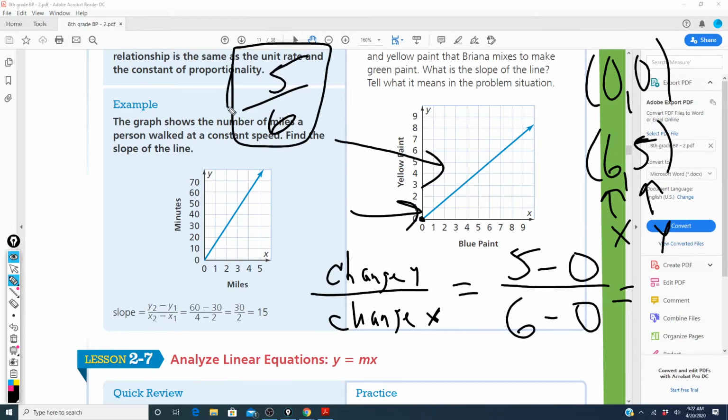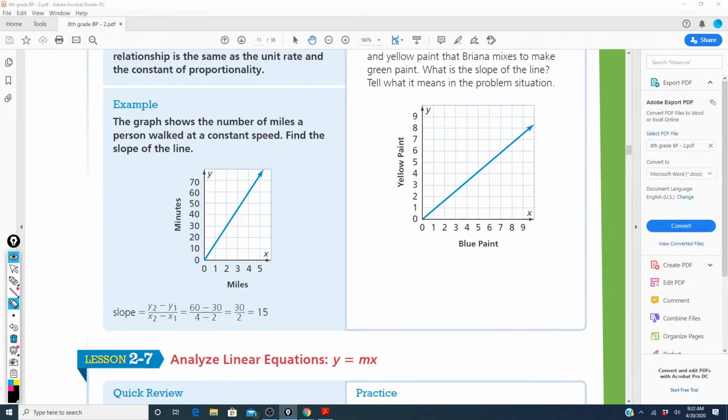It's 5 over 6. So what that's telling you is that for every 5 gallons... We sit here sometimes and say, well, what does this actually mean? We find out that our slope is 5 over 6.